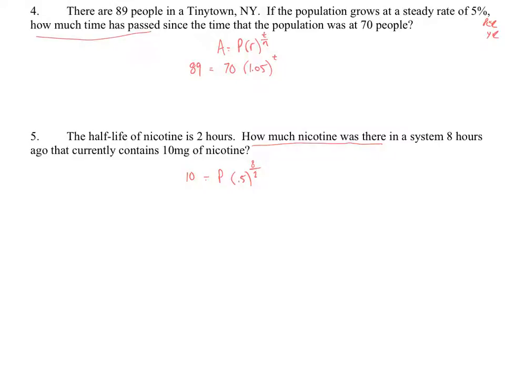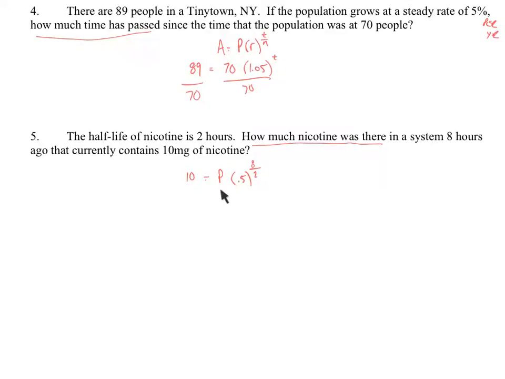So the reason I want to bring this up is because now that we've set up our two problems that are different in which variable we're solving for, the first step is different. In problem 4, the first thing you'll need to do is divide both sides by 70. And that's because you're solving for t, and this 70 is just being multiplied by this term right here, so you can get rid of it.